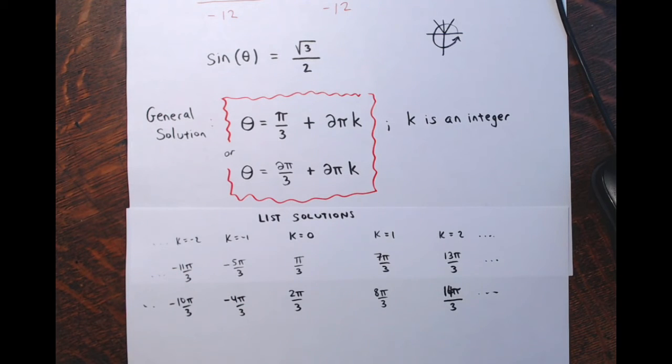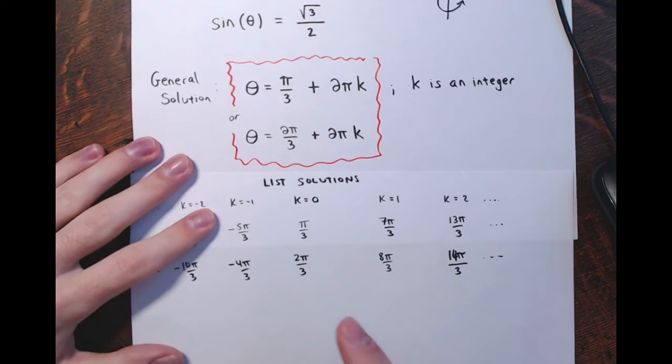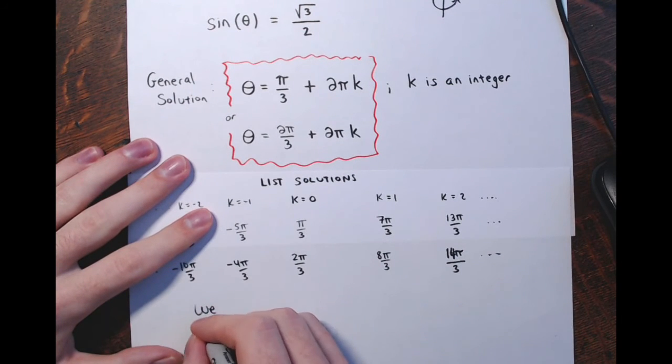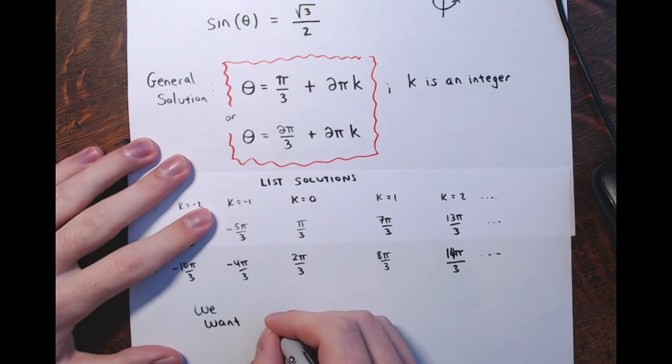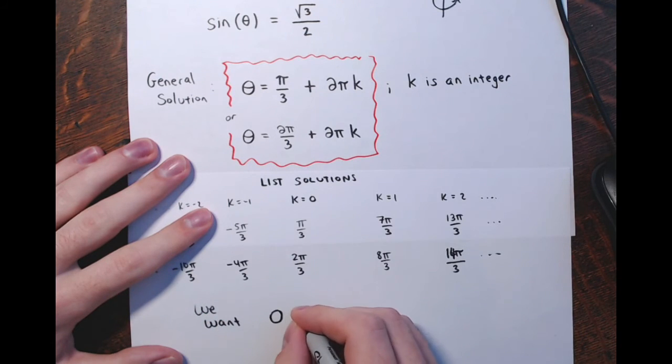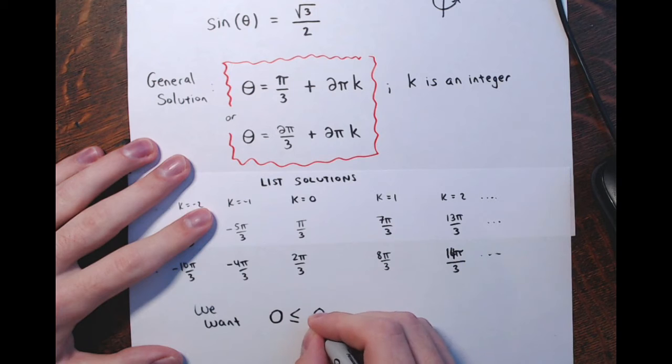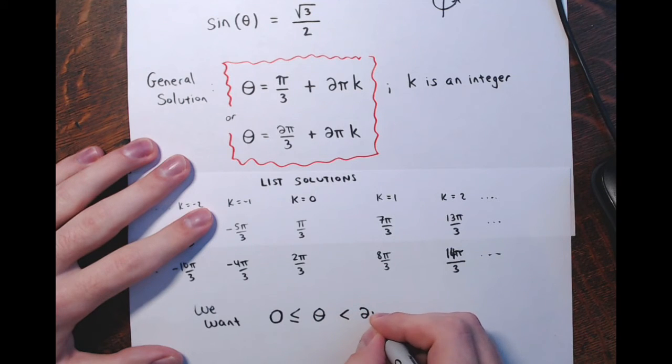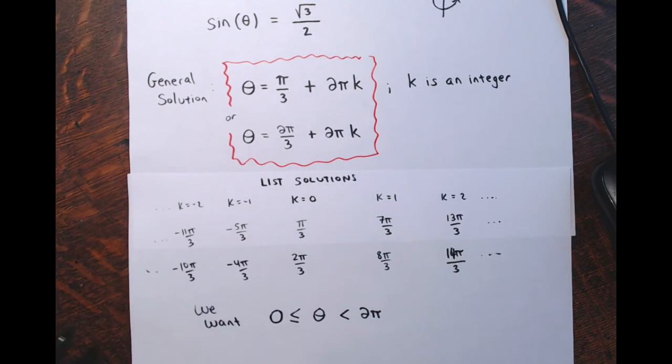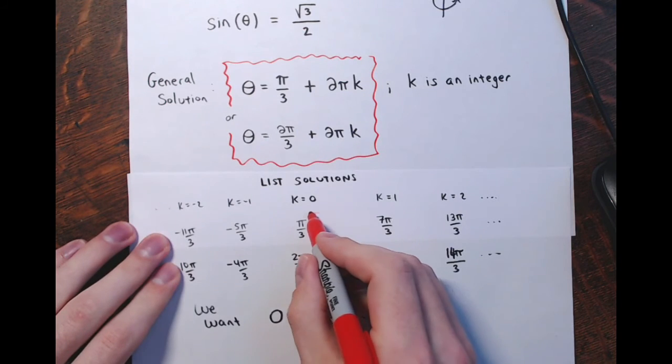So here are 10 solutions to this equation. But we're only asked for the ones in this range. We want the values of theta that are only between 0 and 2 pi. Those solutions are these numbers here.